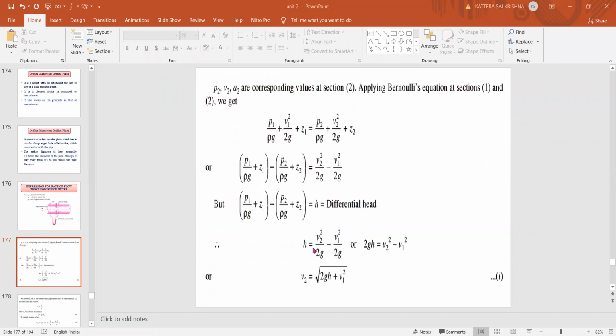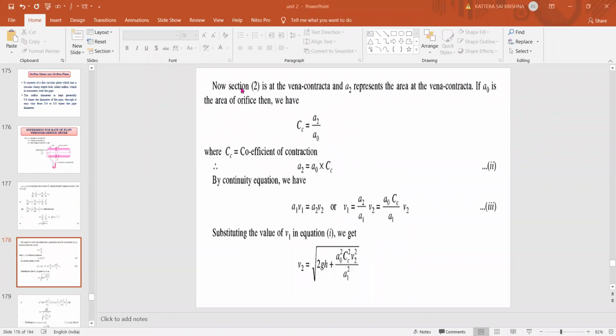Next, in this orifice meter, there is one more point, which is the vena contracta. At section 2, the terms will change. Instead of taking A2, we are going to take the vena contracta area as A0. Now section 2 is at the vena contracta.